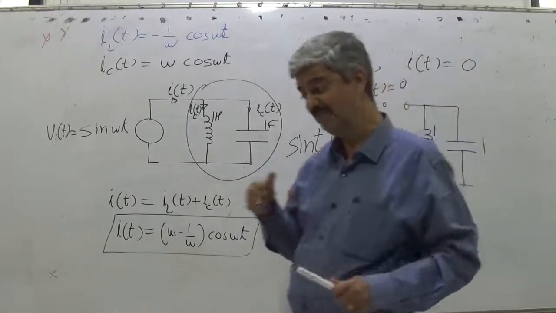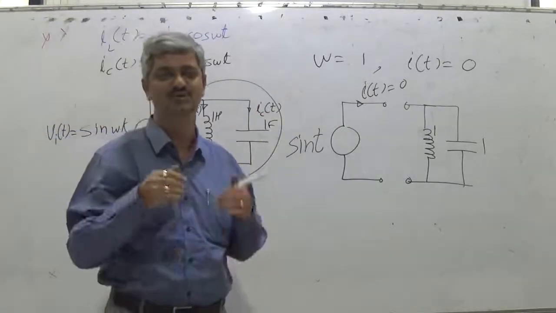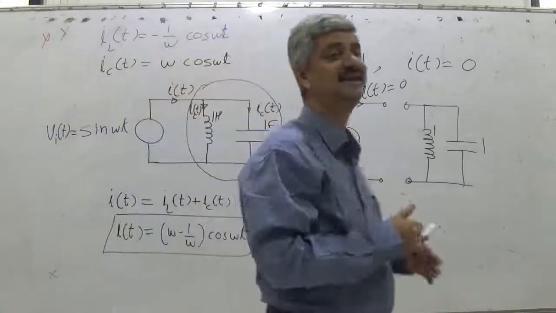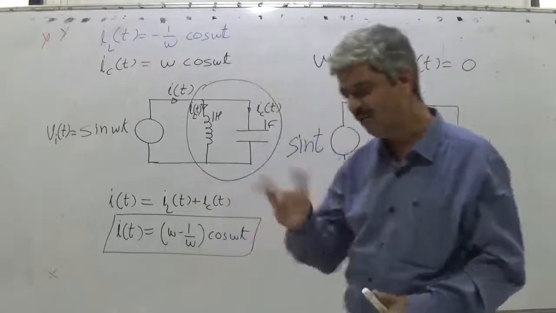So I am applying voltage but there is no current. What does it mean? It means infinite impedance. It is an open circuit. So how can we do that?